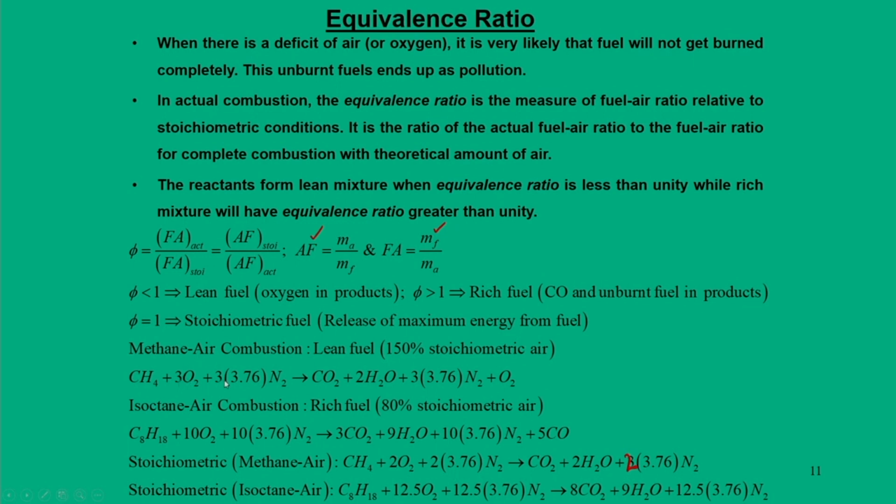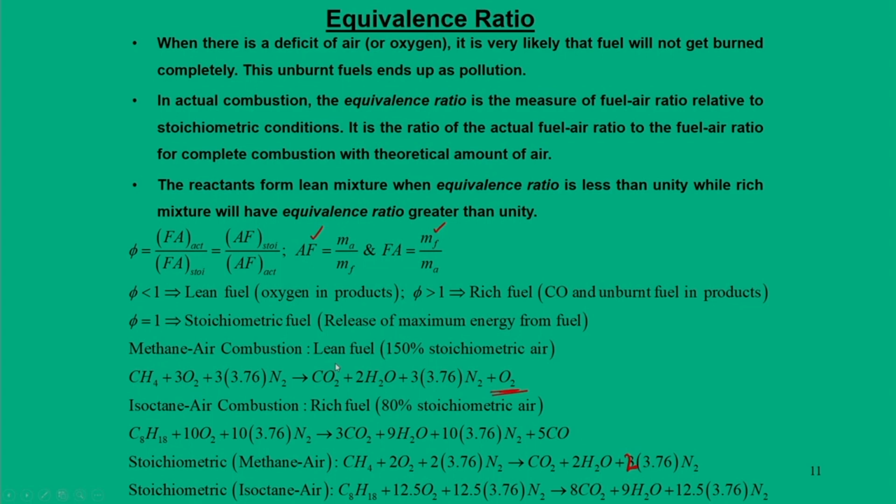So, you have 3 O2 plus 3 into 3.76 N2, and when this reaction happens, in the products we have CO2, water and nitrogen, but what ends up is free oxygen, which is available in lean fuel situations for methane air combustion.